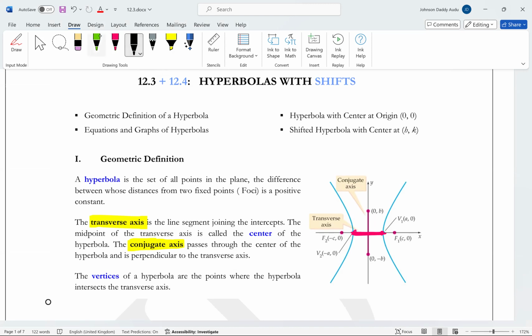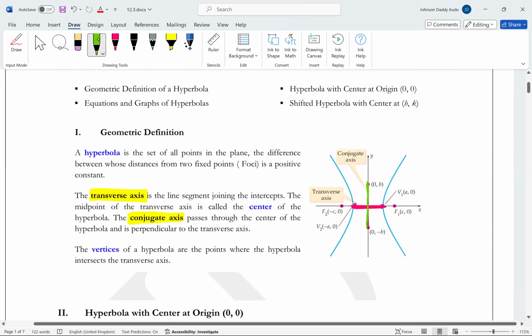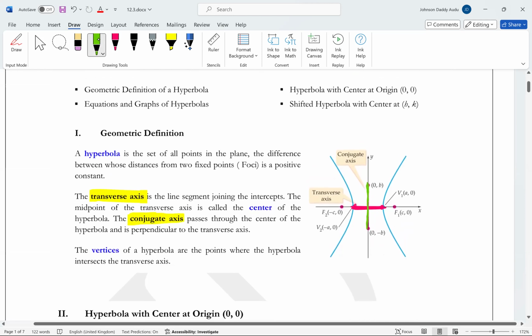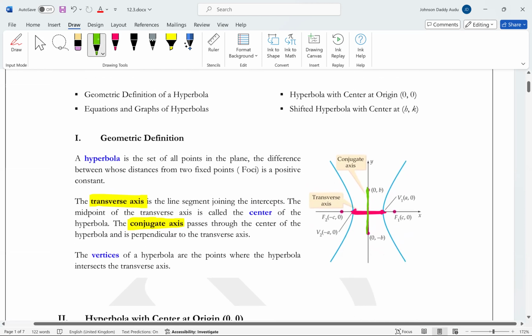Then the other one is called the conjugate axis. This is the conjugate axis here. All right, then we can talk about the center. What is the center? The center is simply the midpoint of the transverse axis.